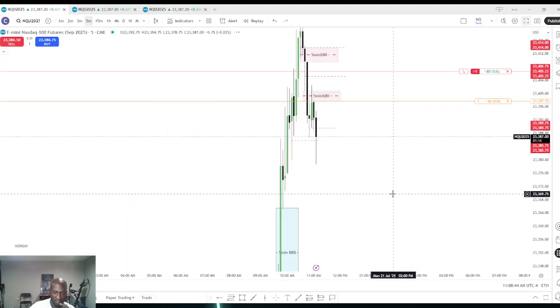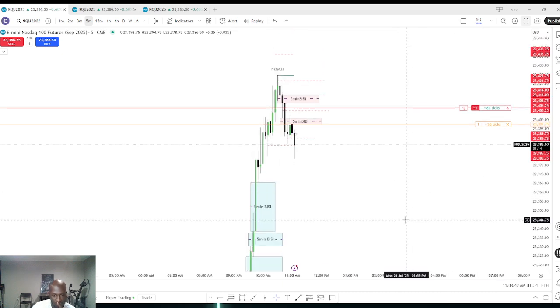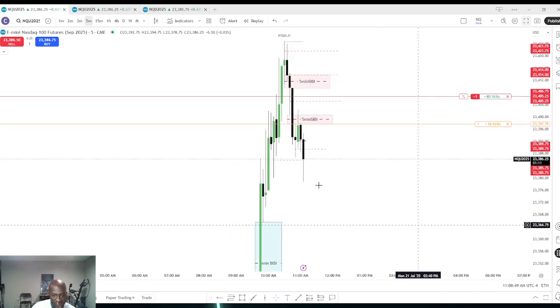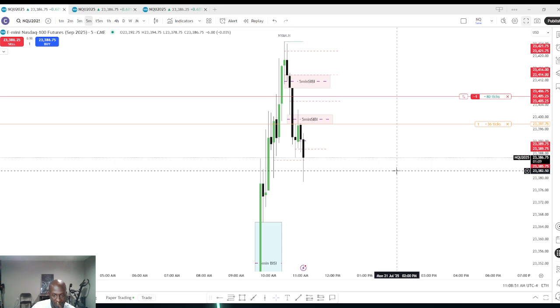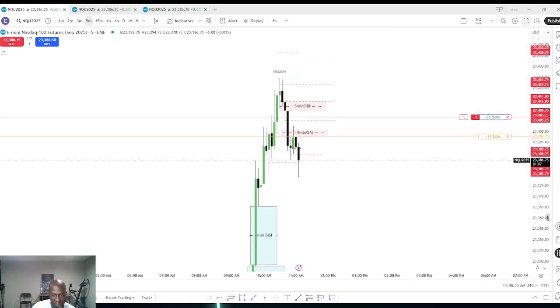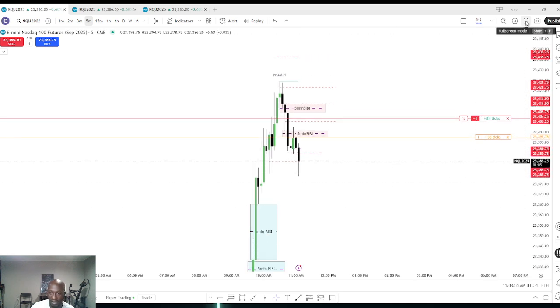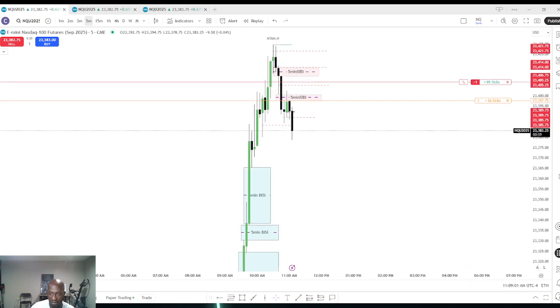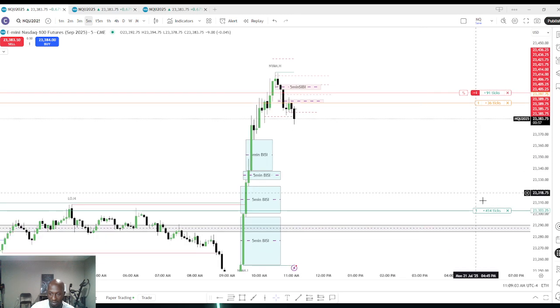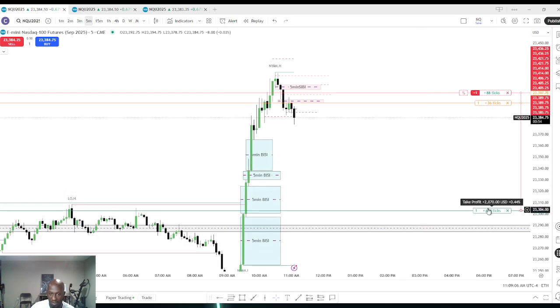So I want to see a close below that. But too many trades taken in. Should have been a lot more patient. But it's Monday. Like I said, I took something out. I'm going to leave this one runner and see if we can get down here.